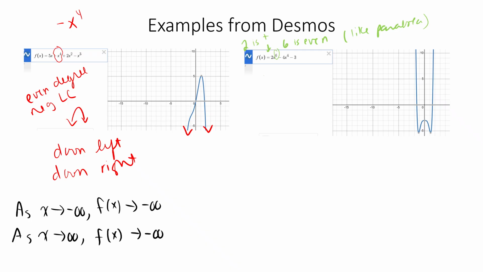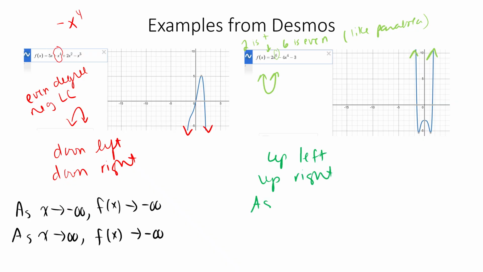So this would be like a parabola that is not flipped over. And you can see that when I come over here, you look at the end behavior, they are both pointing off of the screen there. So we could say that it goes up on the left and up on the right.